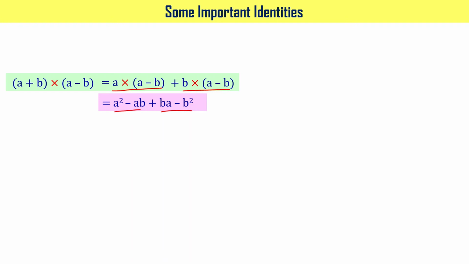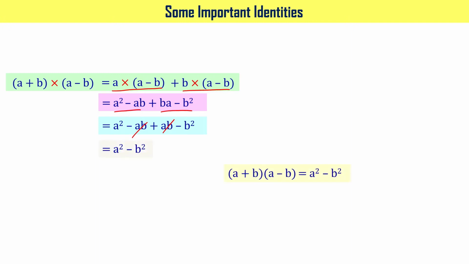Now, as you see here, ab and ba are the same. It means minus ab plus ba is going to be cancelled out, right? When I cancel these two, what I'll have is a square minus b square. So let me write this: (a plus b) times (a minus b) equal to a square minus b square. Please note this identity also.